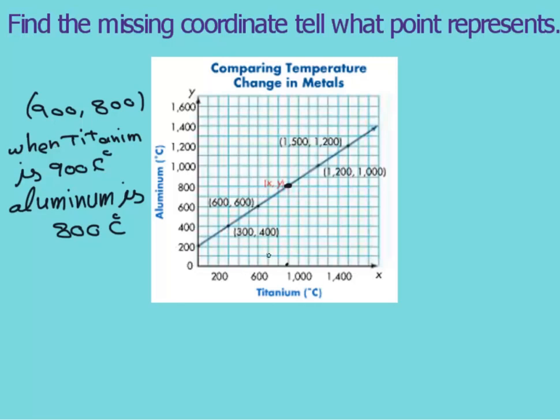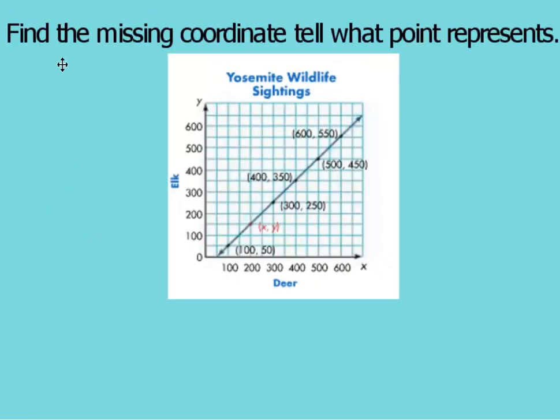Okay, first find the missing ordered pair, then say here the titanium is 900, but the aluminum is 800 syllables.